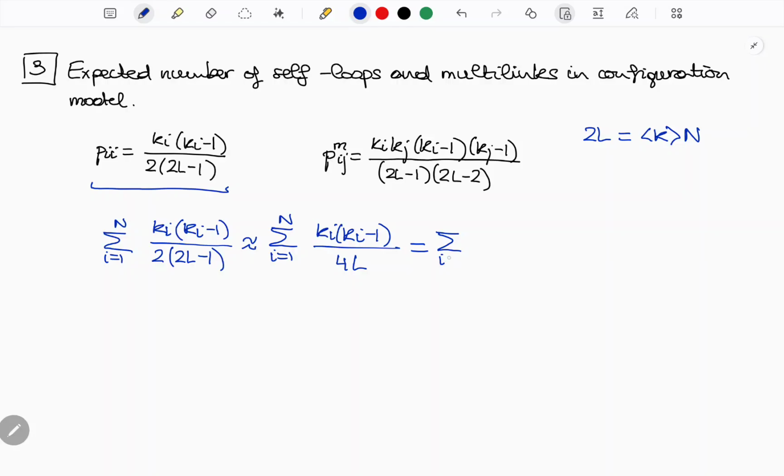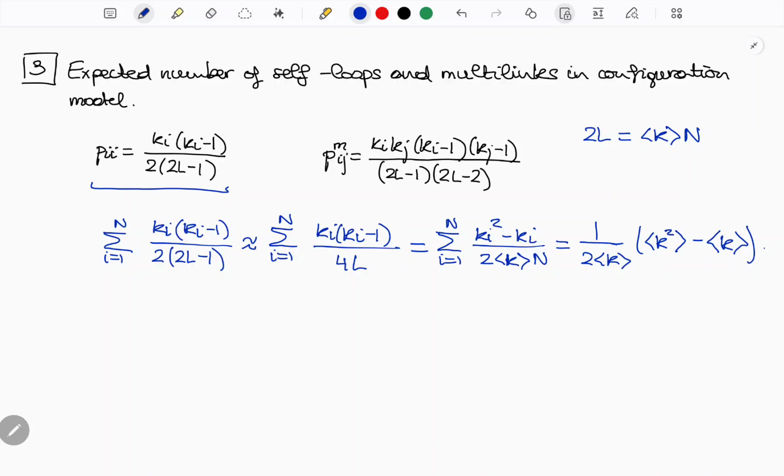So this is the addition from i equal to 1 until n of ki squared minus ki divided by twice the average degree times n. And now this is the same as 1 over twice the average degree, and this summation, when I divide it by n, is just the average k squared minus the average degree. So this is the result for the first part of the exercise, for the average number of self-loops.